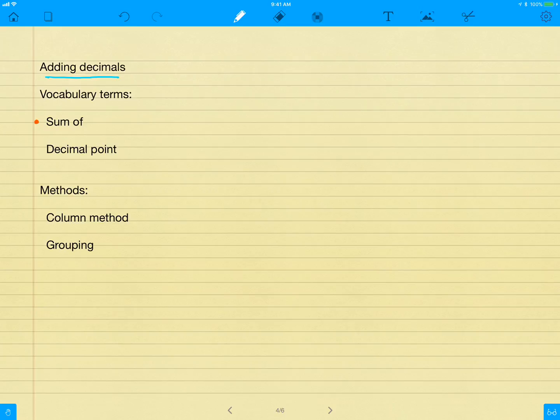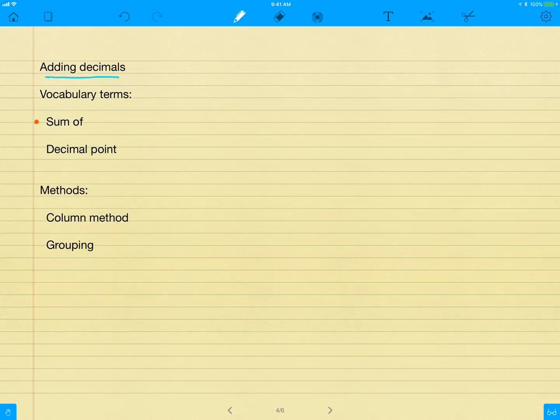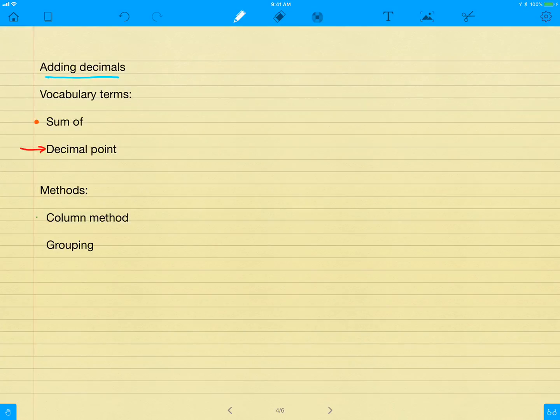Now, the big thing about these types of problems is we have to be really focused on the decimal point. This is key. You do need to worry about the decimal when you add rational numbers that contain decimals. The decimal point where you put it is extremely important. So we're going to look at a couple examples here. Now, there's two methods of adding: the column method and grouping.